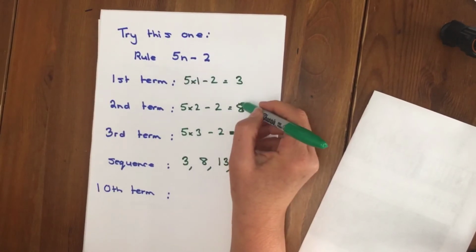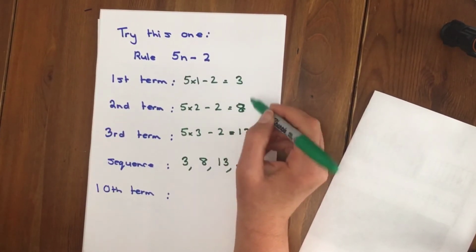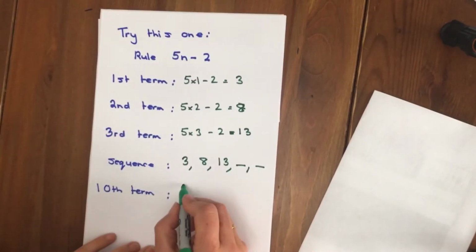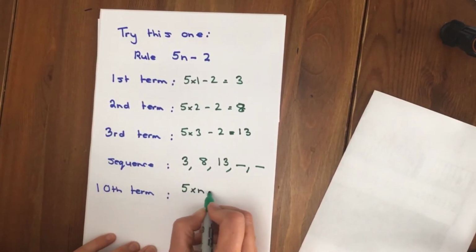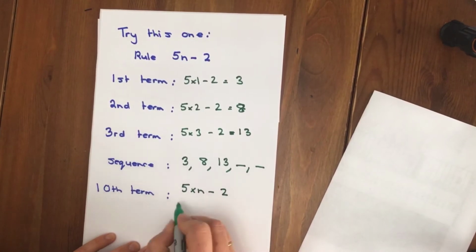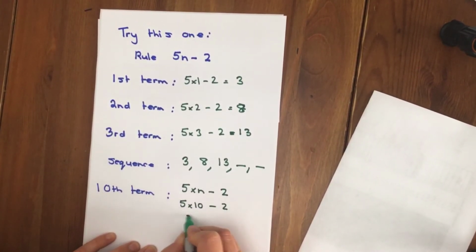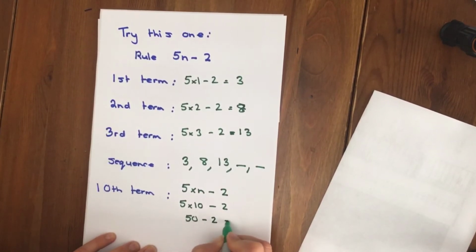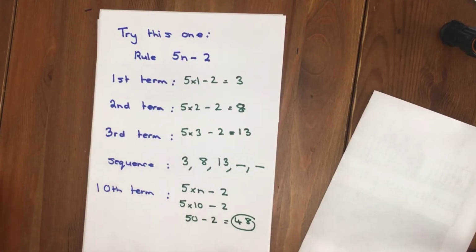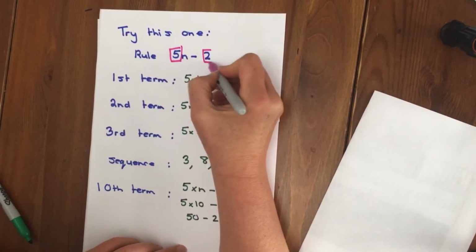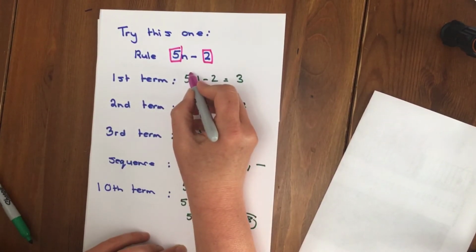If you notice the sequence isn't going up the same amount each time, there's probably a mistake like I made here. Right, the 10th term, remember this is the rule, 5 times n minus 2. So that's 5 times 10 minus 2, 50 minus 2, or 48. So you see here that the 5 and the 2 do not change all the way down.